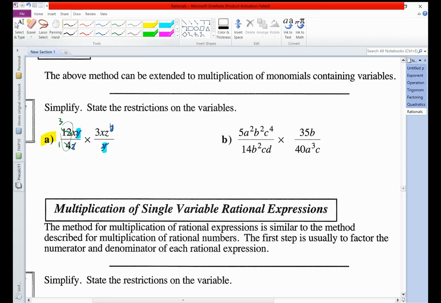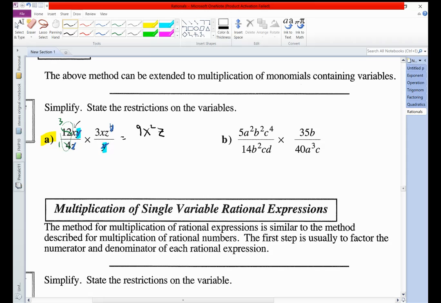So now when we go to write this down, we have 3 times 3, which is 9. We have an x left right there, and another x, so we get x. Sorry, that's a bad x. Let me rewrite that. X squared. And we have a z. And that's it. There's nothing else in the bottom.